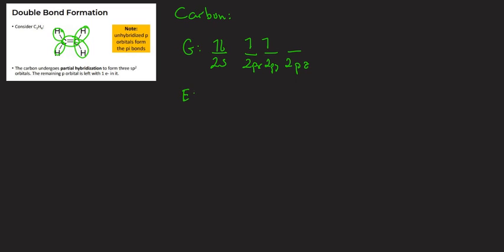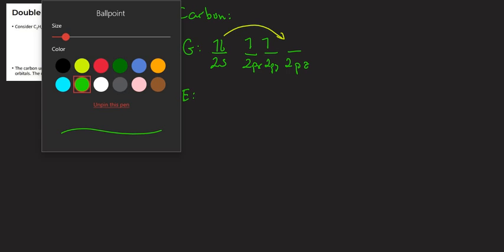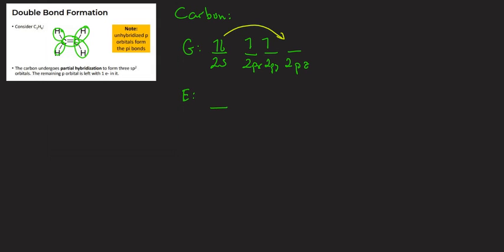So in its excited state, carbon will see this promotion occurring. We'll have this electron move into the 2pz empty suborbital to then look like this: 1, 2, 3 in 2px, 2py, 2pz, half, half, and half. Good, so we have 4 half-filled suborbitals, and this is now ready for hybridization.